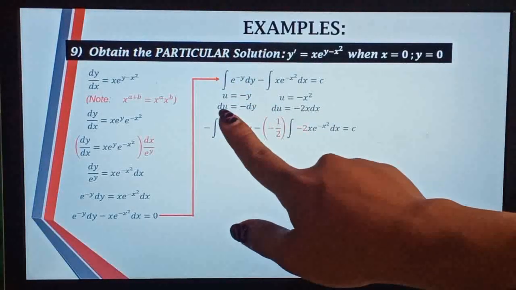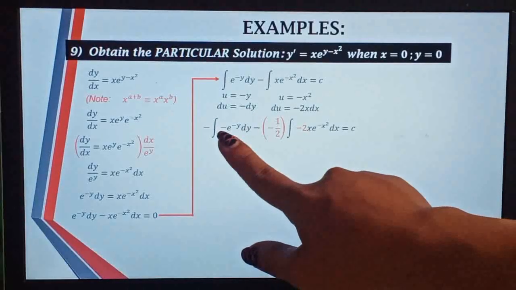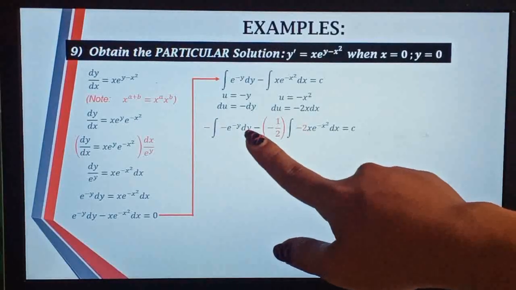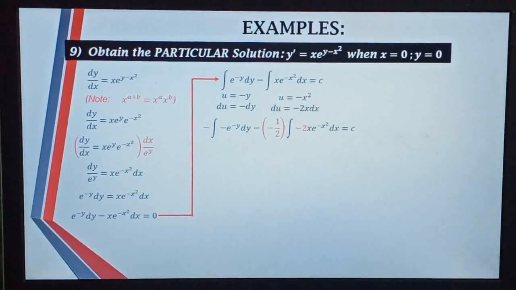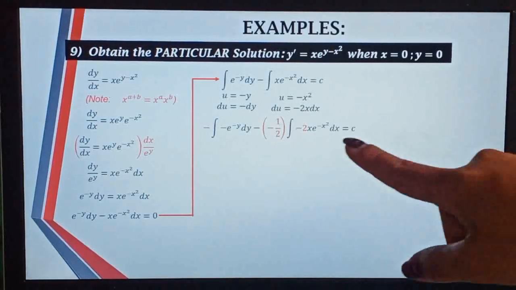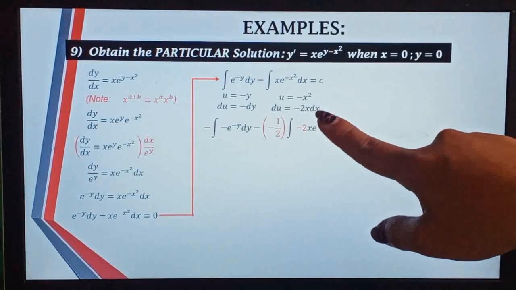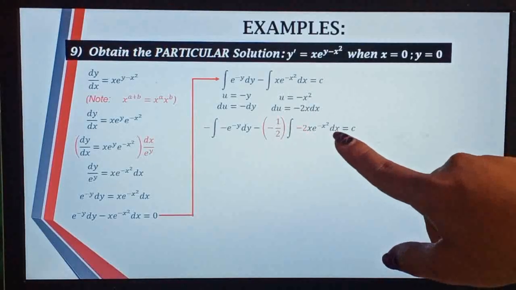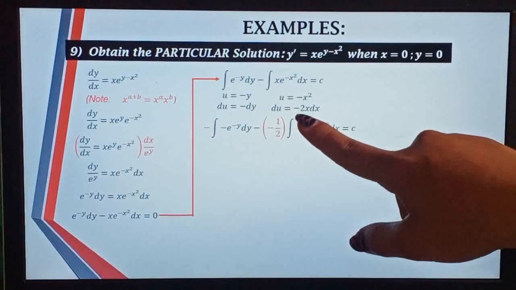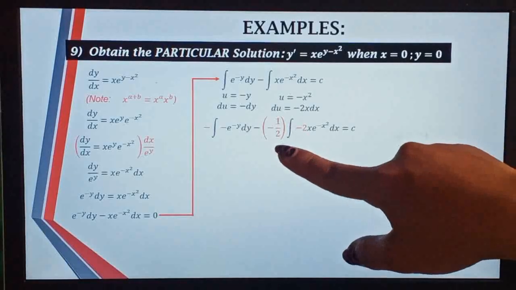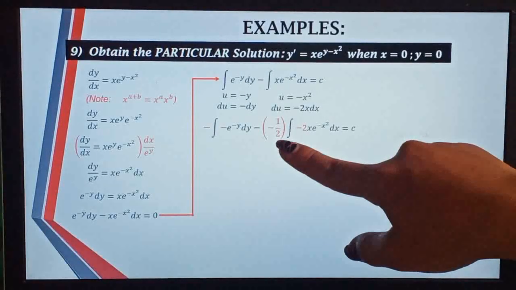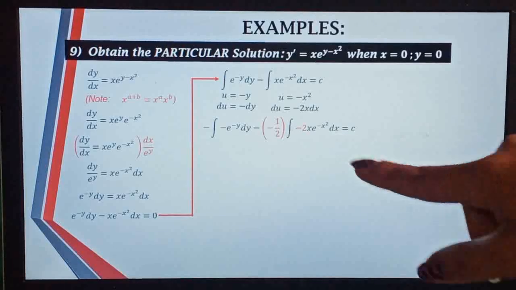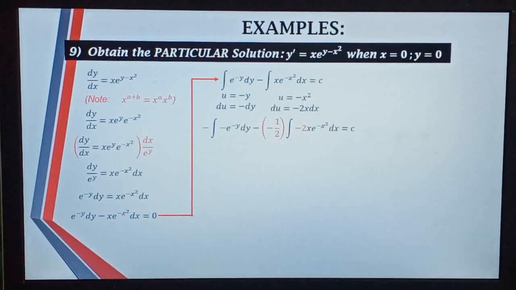Then the du is negative dy. So insert negative inside, then balance by negative outside. Then dun sa second term, our du is negative 2x dx. We have x dx. So inserting negative 2, balance by negative 1 half on the outside. So this is in the form of e raised to u du. Pareha silang e raised to u du.